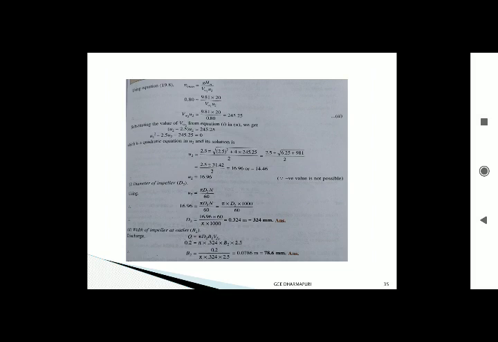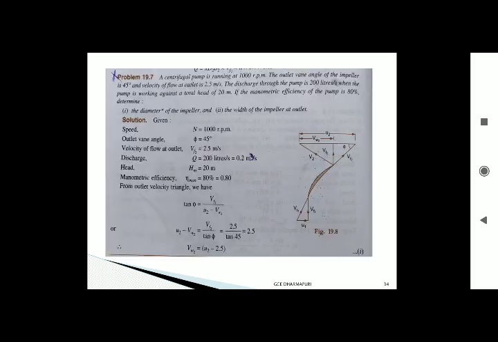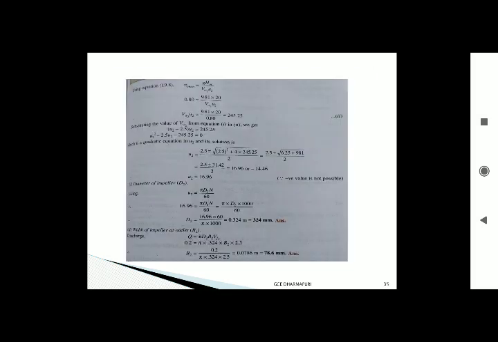If I resubstitute this u2 in either equation 1 or equation 2, I'll get Vw2. So u2 is known. Then how can I calculate d2? I know u2 is equal to pi d2 N by 60. By using that, I can calculate d2.